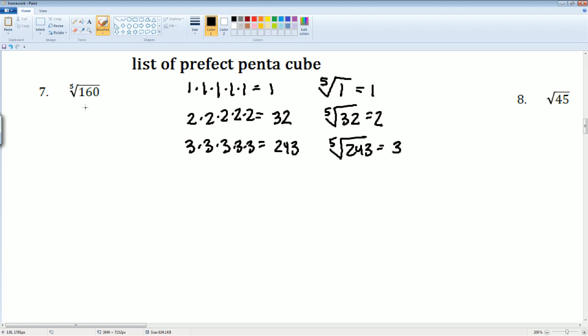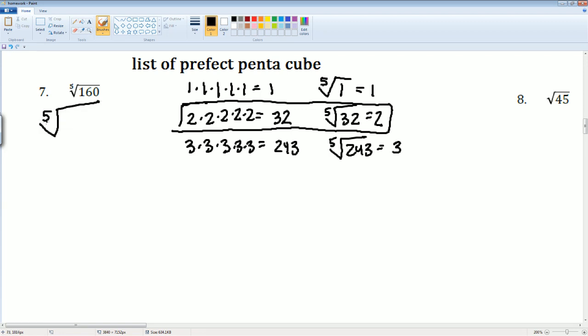Can I break this down using 32? Yeah, you can. So this actually works right here. I break this down into its factors.